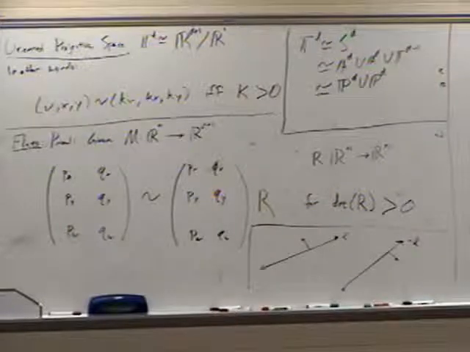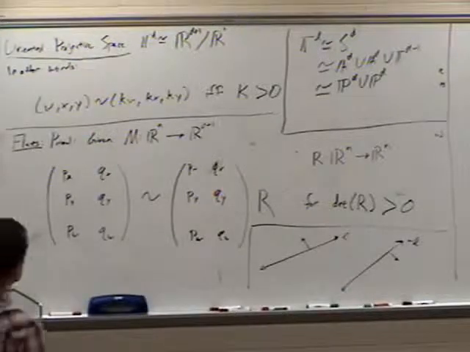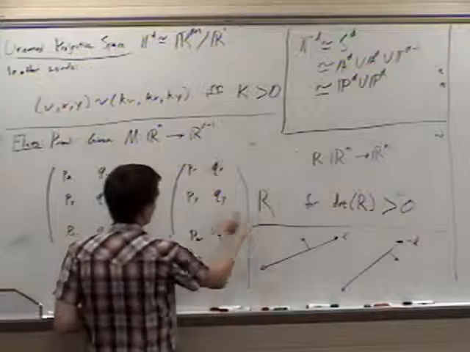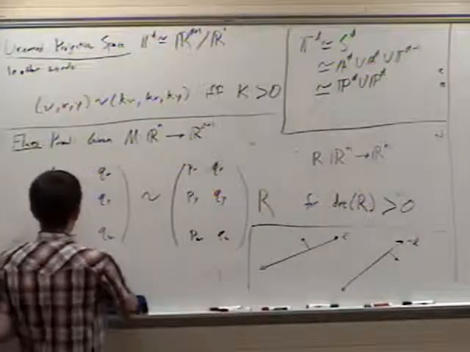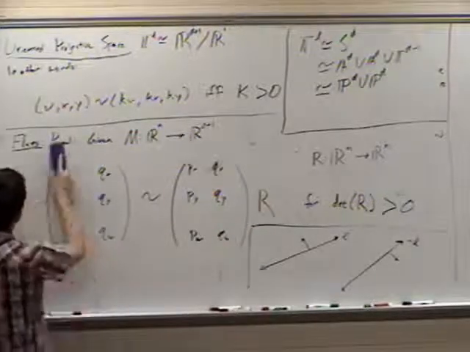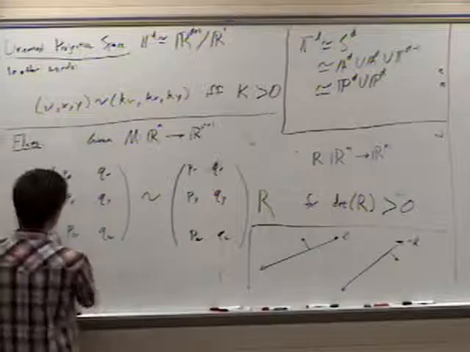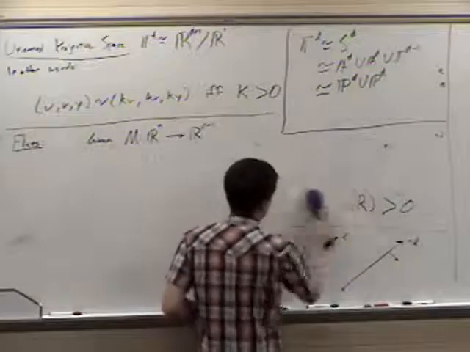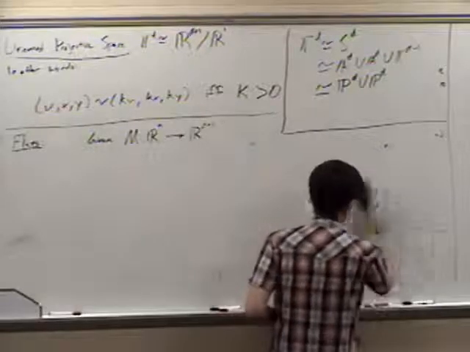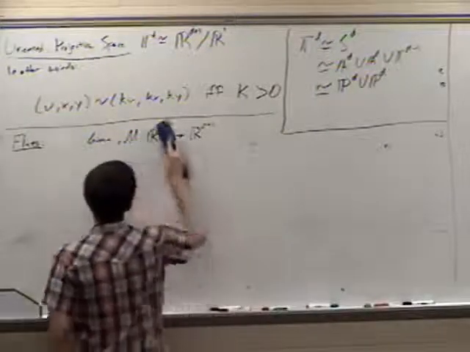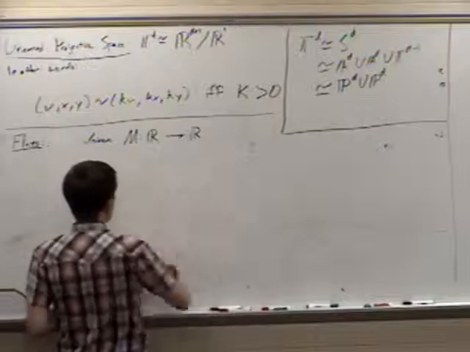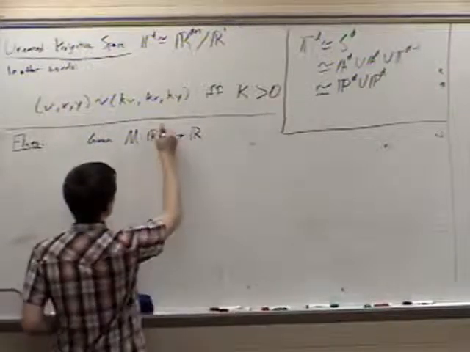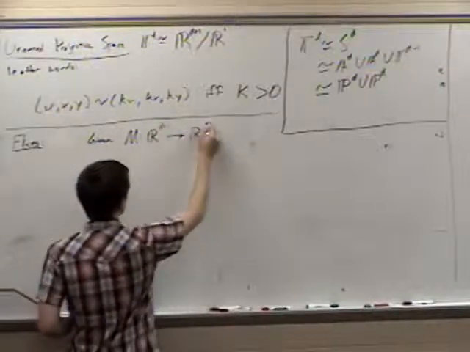And the story for dual vectors is pretty much the same. The only thing that really changes is that instead of multiplying on the right, we have to multiply on the left. So I'll just erase a couple of things here. So in this one, the direction of this map has to go the other way because basically it's generated by the kernel of this.